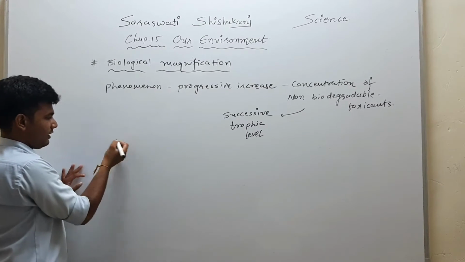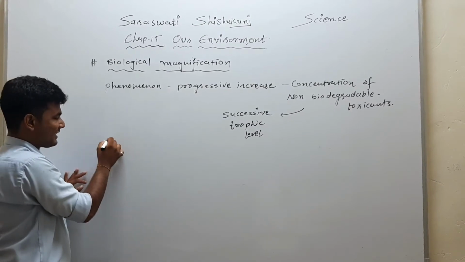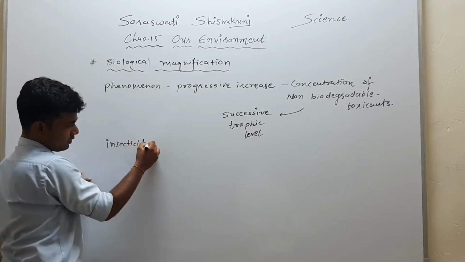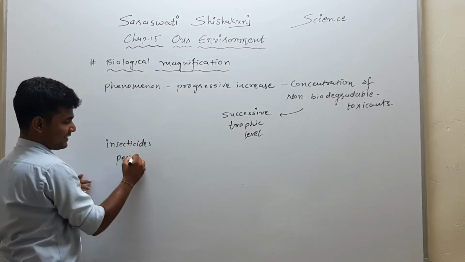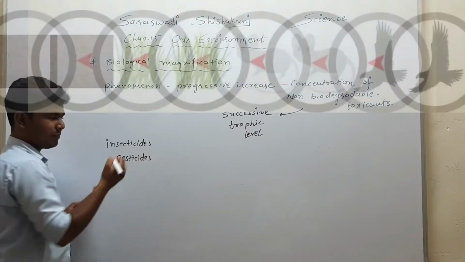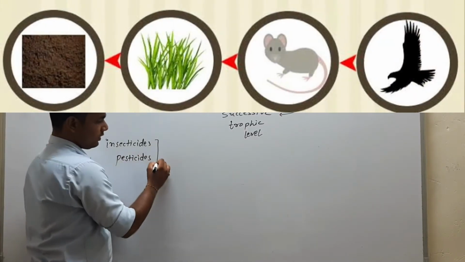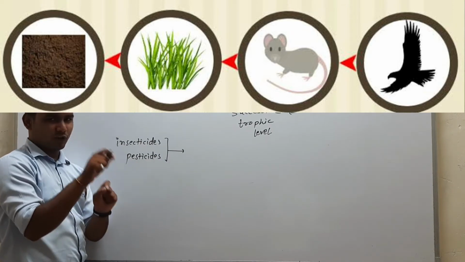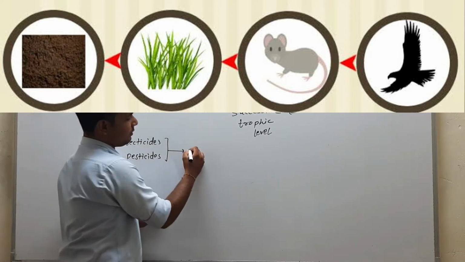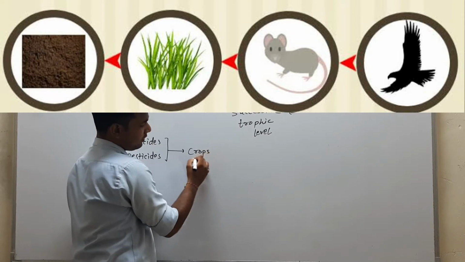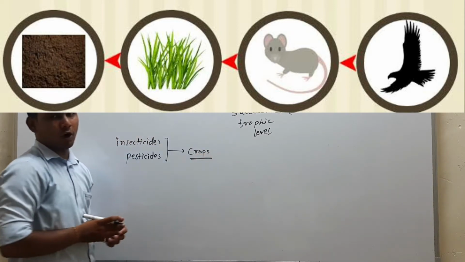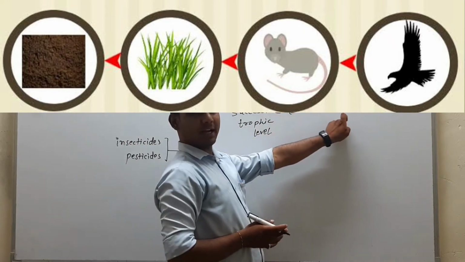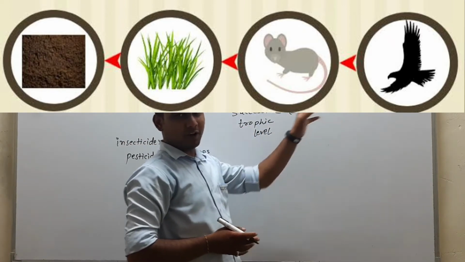Suppose we are using insecticides or pesticides to get more crop production, right? As we add insecticides or pesticides, they will be absorbed by crops. Along with this, some non-biodegradable toxicants will also be present there.